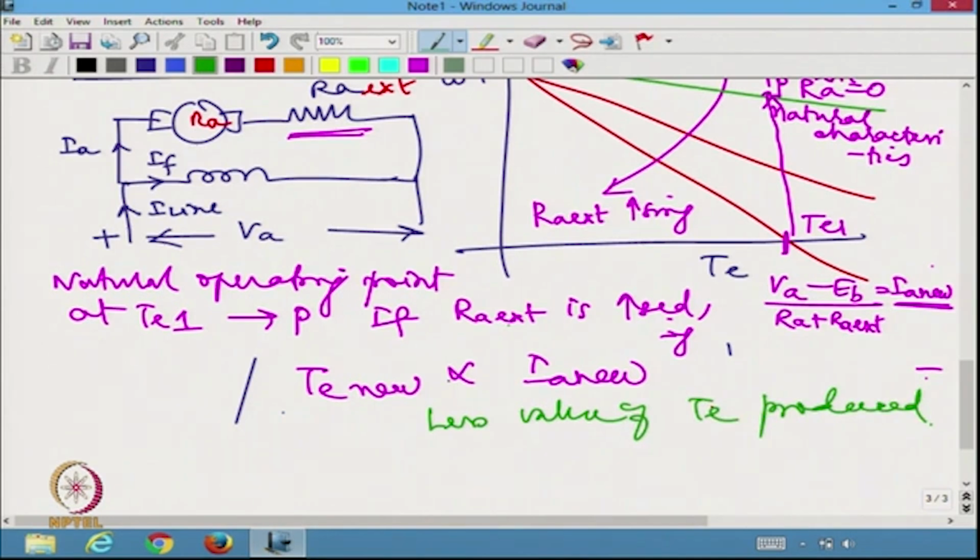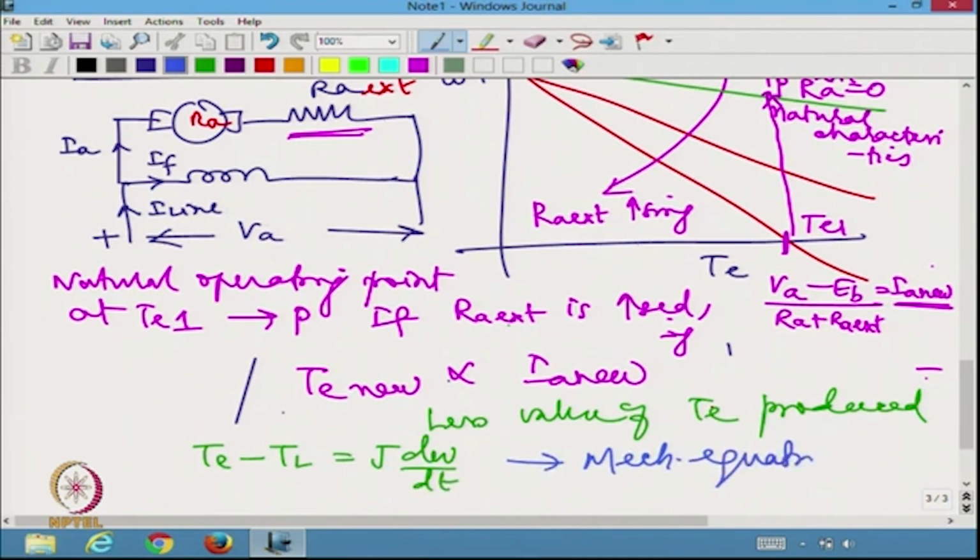So, if I look at the speed, it is going to be TE minus TL equal to J d omega by dt. If you may recall, this is the mechanical equation we wrote, right. Originally TE and TL were balancing each other. So, omega was at a steady operating point.